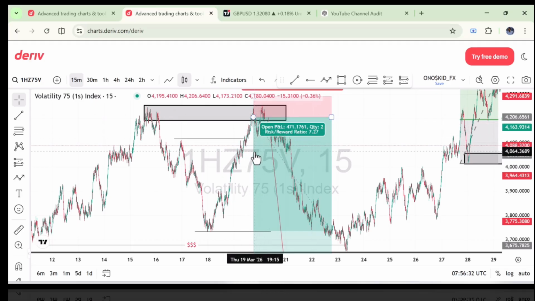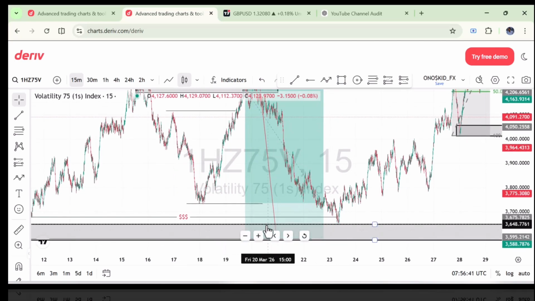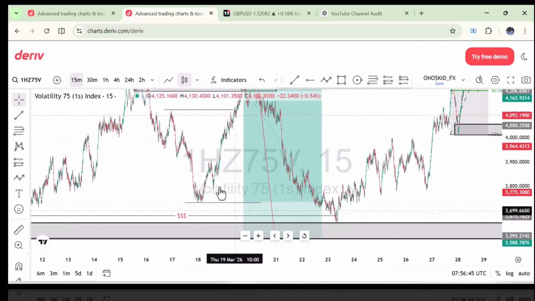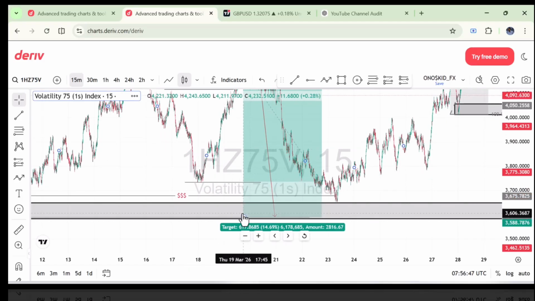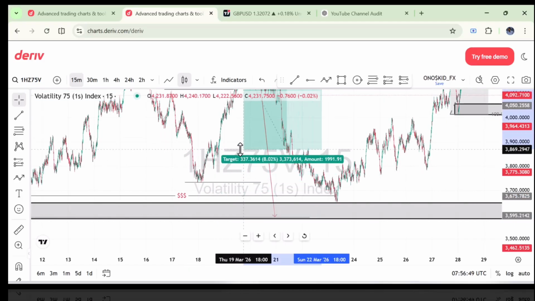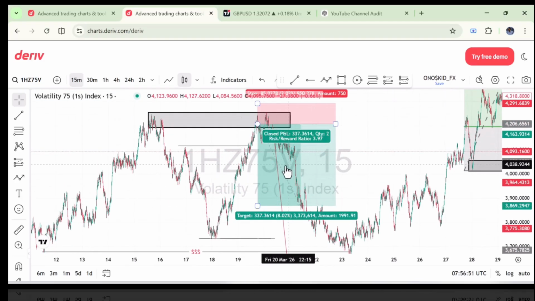Now, to be strategic is, if you are targeting, this is 1:7 risk to reward. If you are targeting 1:3, let's say this is too high, let me take it to 1:3, because that is what I always recommend for people to use. Always use 1:3 risk to reward ratio, right?